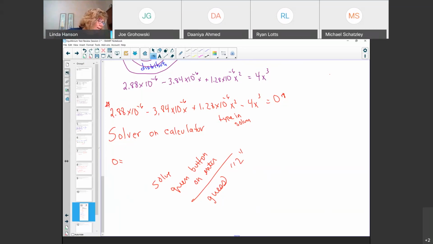And when you do that, you will get the answer on your calculator screen. When I solved, I have 0.008927 as the value of x.